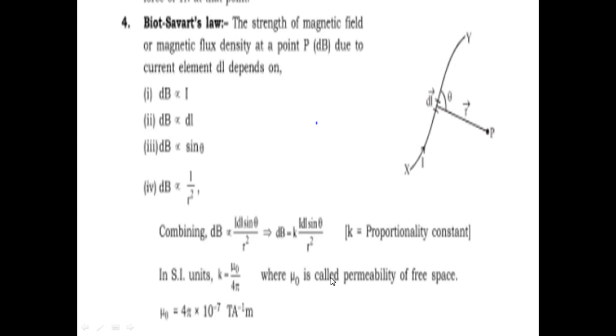Now mu naught means permeability of free space. Like in electrostatics there was epsilon naught, that was permittivity of free space. So here mu naught is permeability of free space, and its value is 4 pi multiplied by 10 to the power minus 7 Tesla meter per ampere.